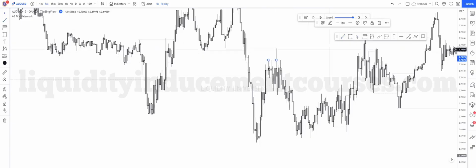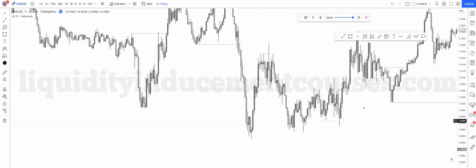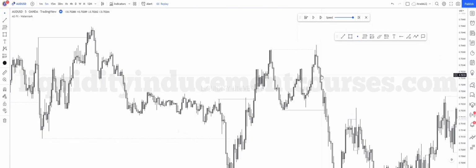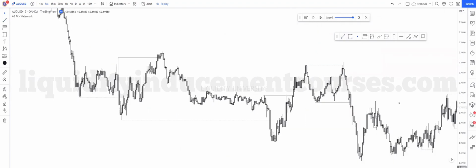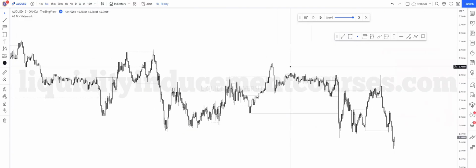Take out liquidity, okay. Structure. Right there. Let's see over here. Okay. Here's another pattern within a pattern. Right. So are you starting to see that there's a pattern within the pattern?